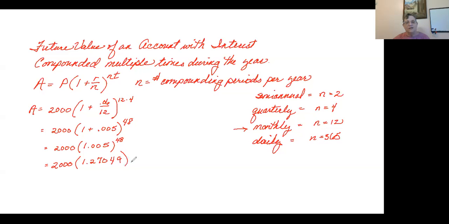I'm going to round that to a 9. This number multiplied by 2,000 becomes 2540.9. That'll round to a 9.8.